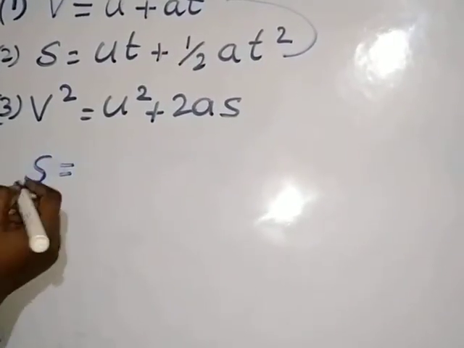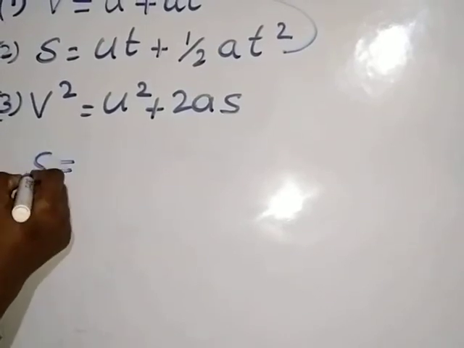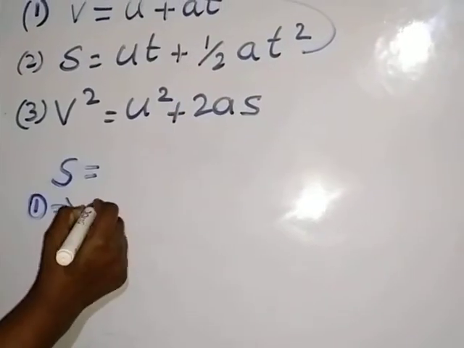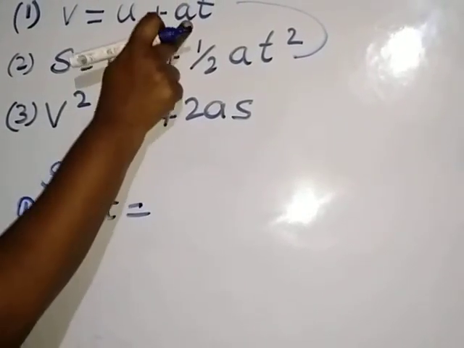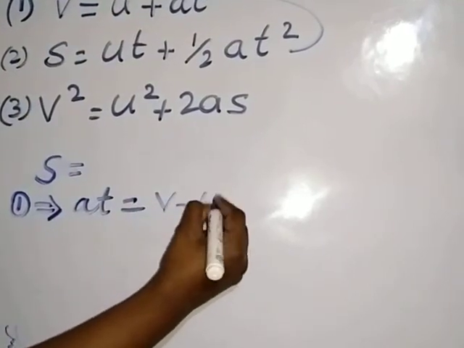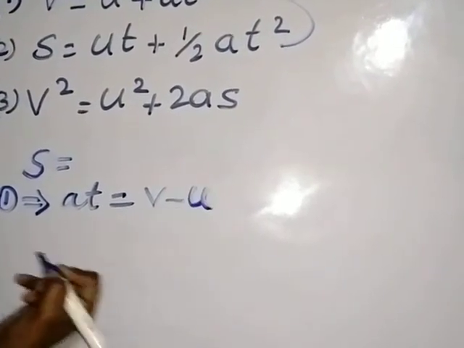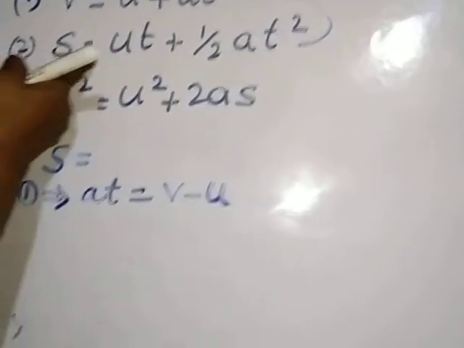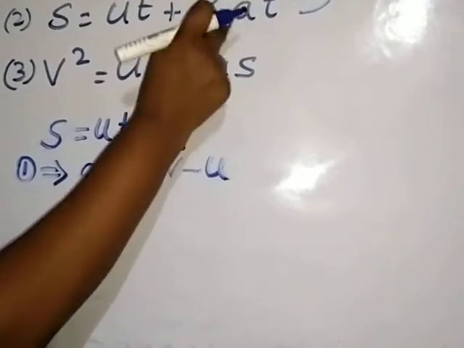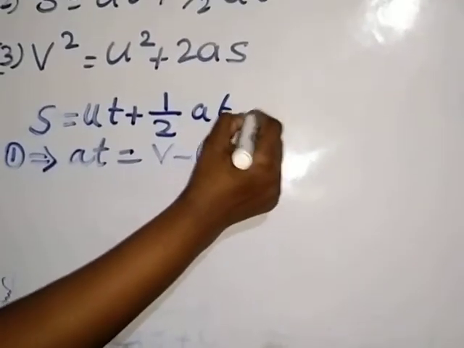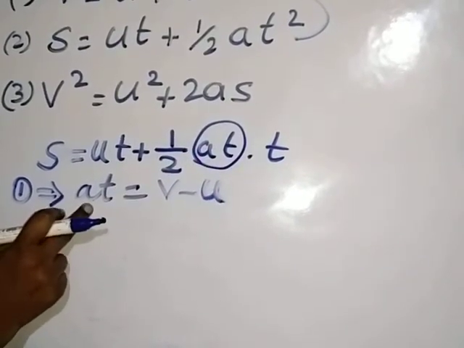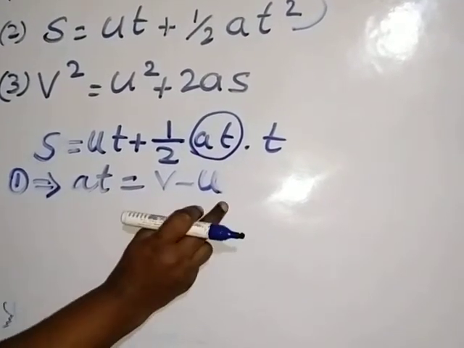So from equation number 1, at equals v minus u. Now, in equation 2, we can write ut plus half at squared as at into t. Now, instead of this at, substitute the value v minus u.